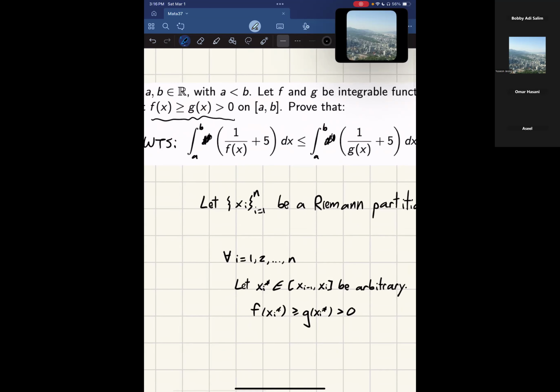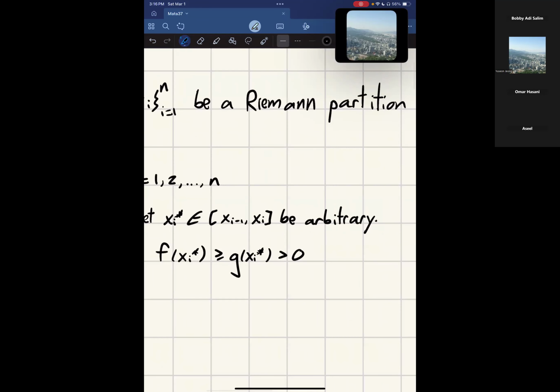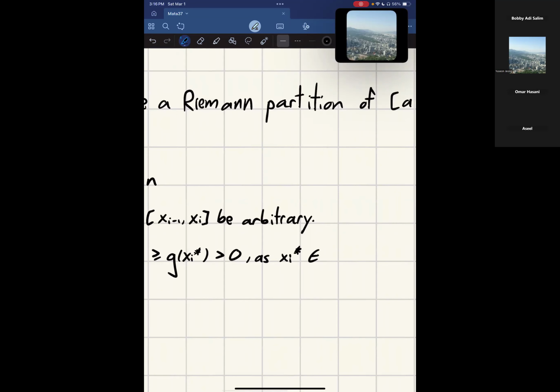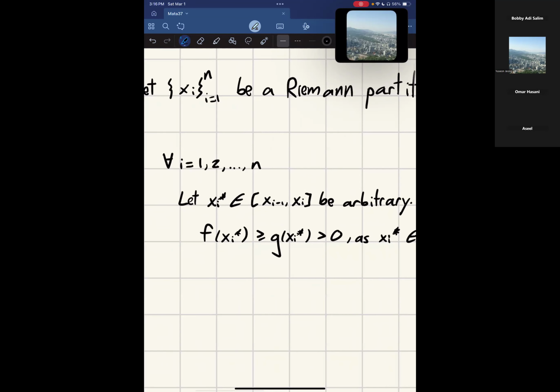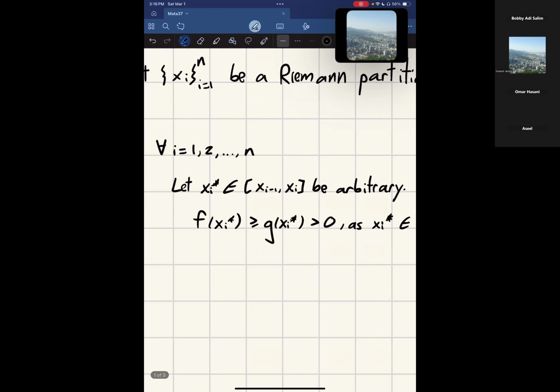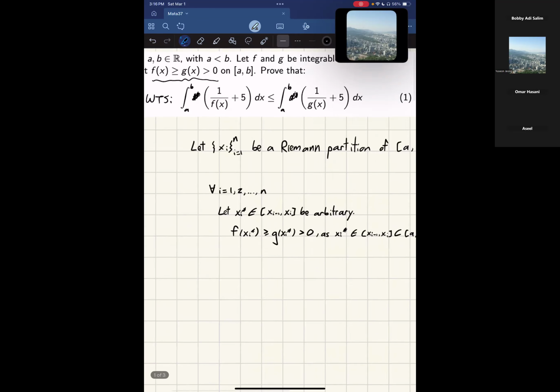This is just because x_i star is in [x_{i-1}, x_i], and we know that this is a subset of [a, b]. Because this inequality holds over [a, b], we're now working with a smaller chunk of [a, b], so we know that it'll hold here as well. Okay, now that we came here, we can continue.